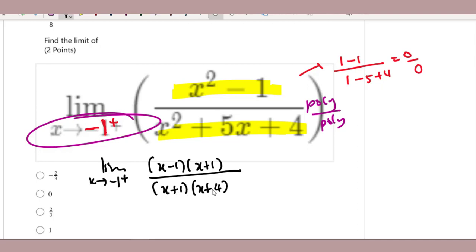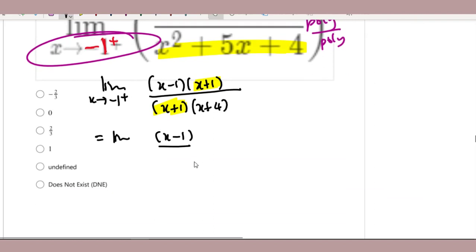Check, okay. So this factor can be cancelled. Then the limit of x minus 1 over x plus 4 as x approaches negative 1 from the right.